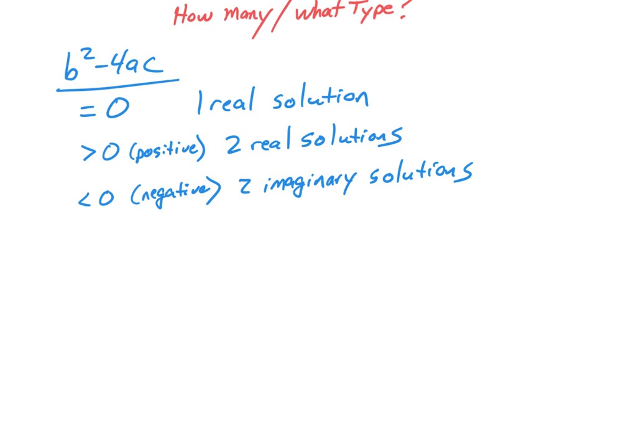So let's do a real quick example here. X squared plus 3x plus 4 equals 0. Okay, and I'm not asking you to solve this one. I'm just asking you to tell me how many solutions there will be and what type they're going to be.